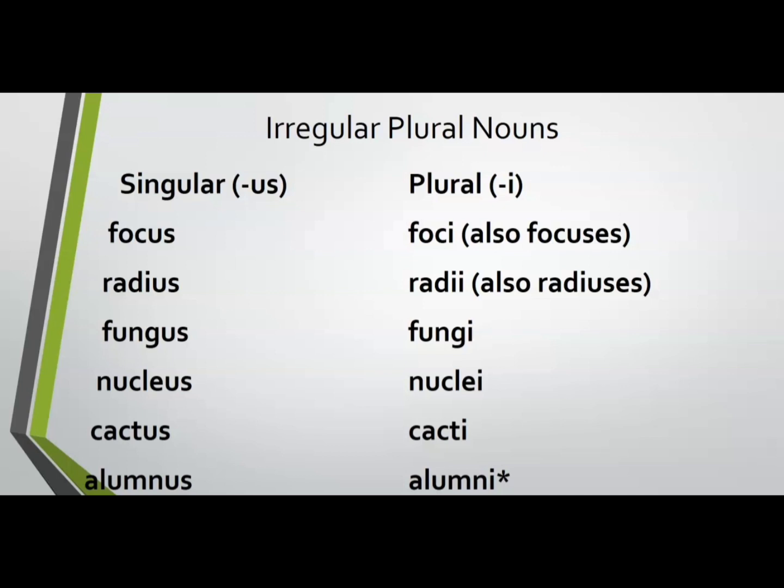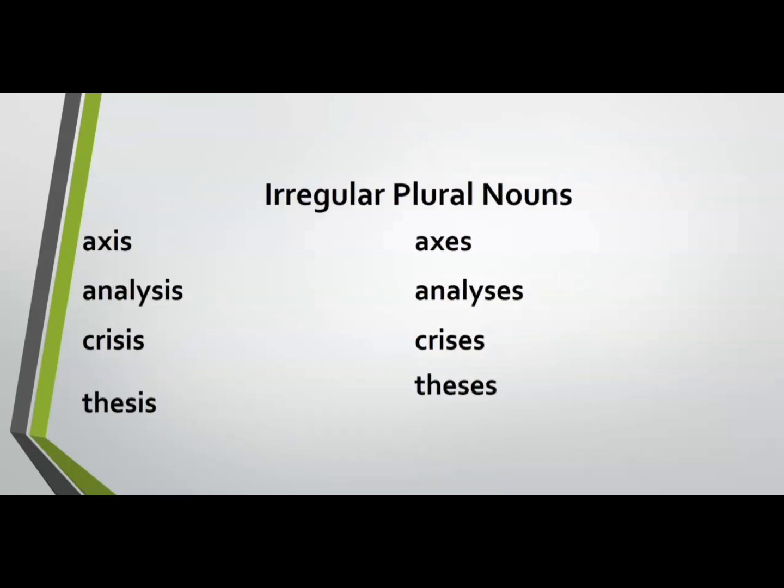For radius, we say radii, or you can also say radiuses. Fungus, the plural is fungi. Fungus, fungi. Nucleus, nuclei. Cactus, cacti. Alumnus, alumni. And axis is axes. Analysis, analyses. Crisis is crises. And thesis is theses.